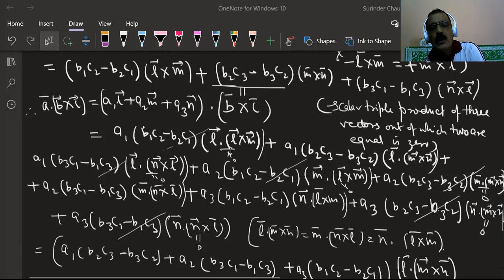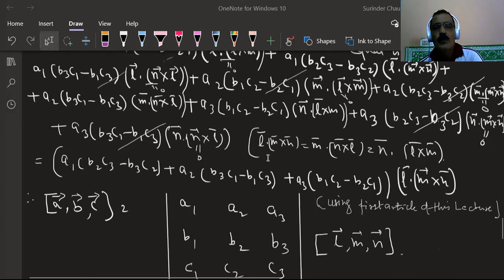One is, if out of 3 vectors, 2 vectors are the same, then the value of the scalar product is equal to 0. And second is, if L, M, N change in cyclic order, then the value of the determinant remains the same. By using these two properties, other terms will be cancelled or become 0, and we will be left with this solution times L dot M cross N.